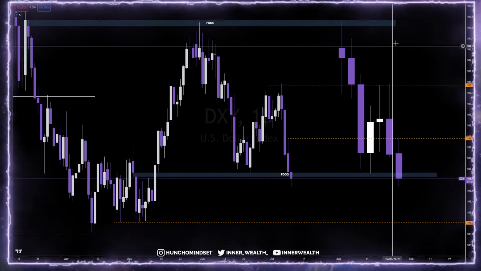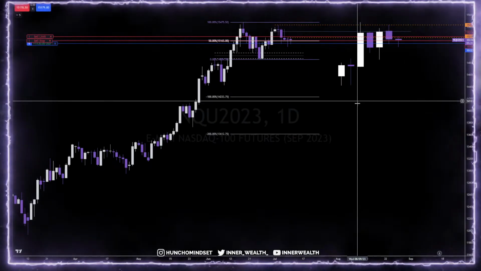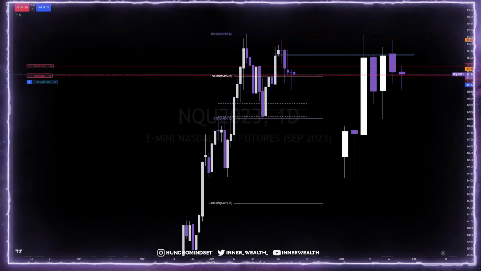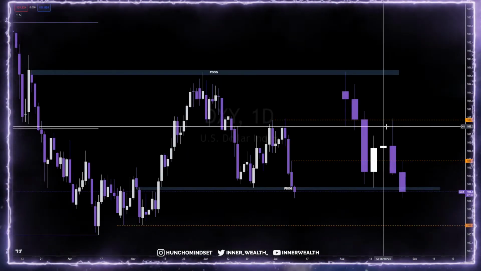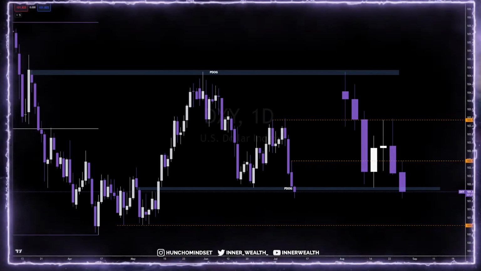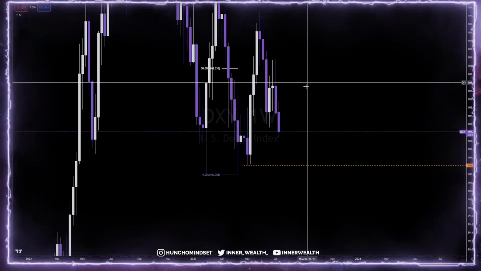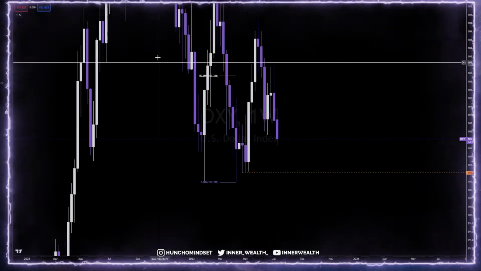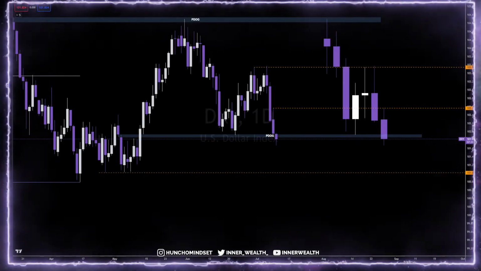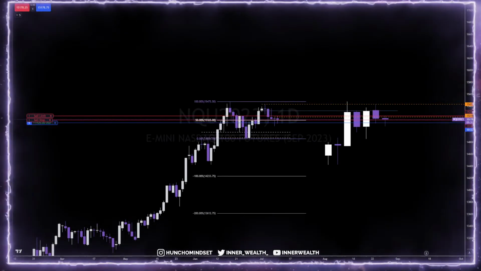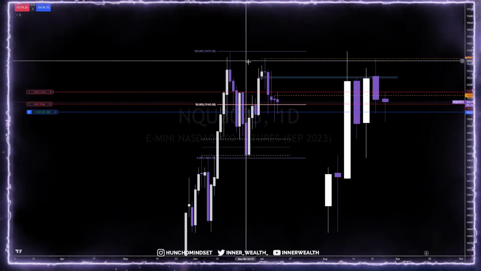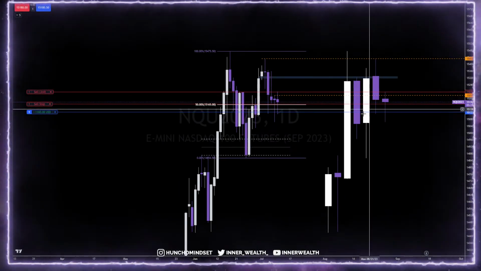If the DXY does pump up from here, we're going to be looking for those shorts. Now, if DXY decides that Monday was the high of the day and we're going to fall through this triple bottom, we're going to be seeing price action fly pretty high up, probably seeing new highs across the board.